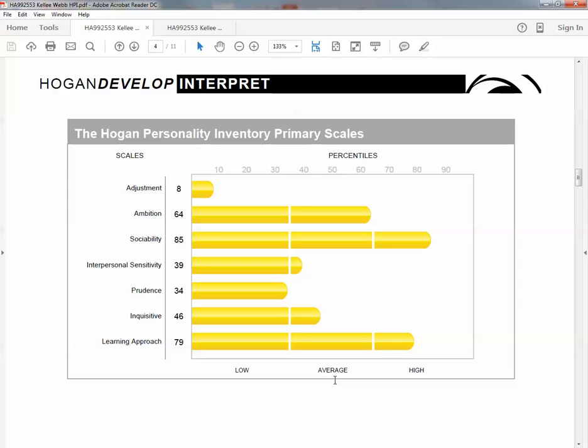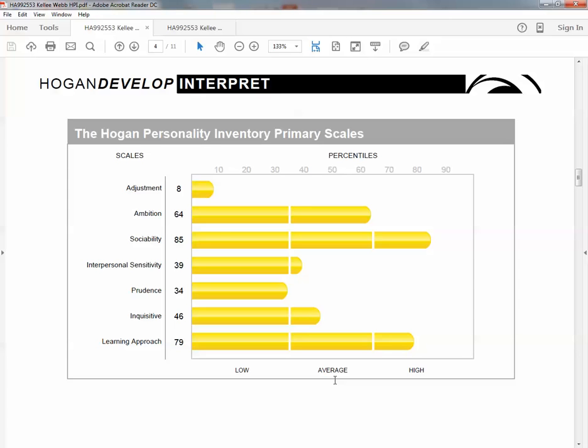Inquisitive, again, on the high end of this, people who have high inquisitive tend to be more imaginative, and they may get easily bored. Sometimes if they get under stress, and we'll look at this in just a minute, they may not pay as much attention to detail because they are just kind of driving and coming up with the next idea.